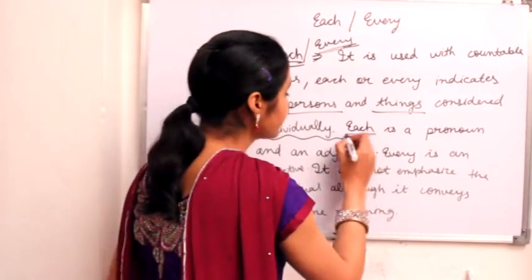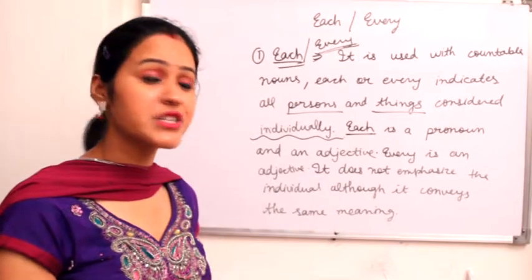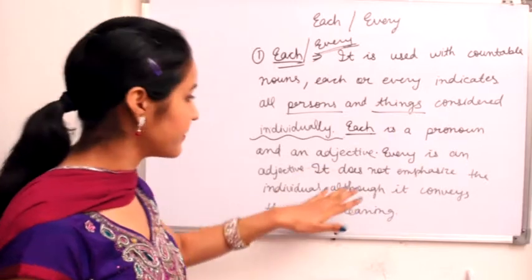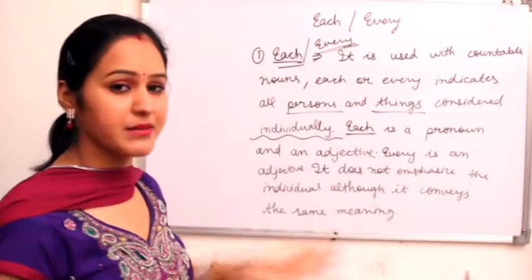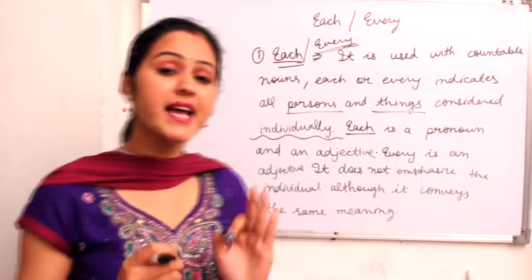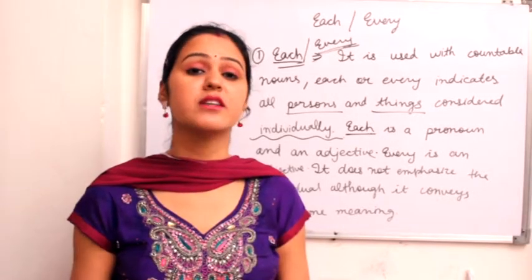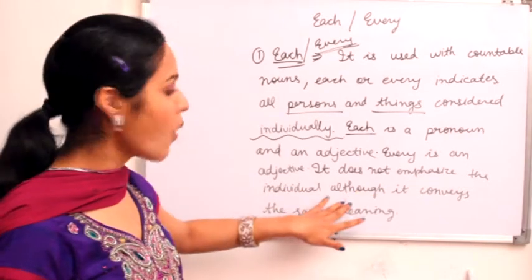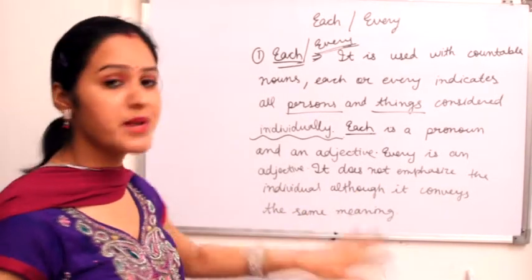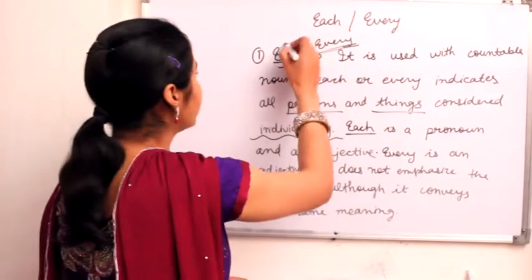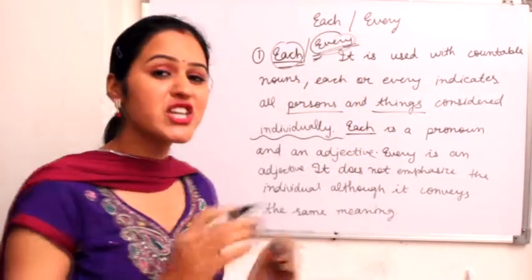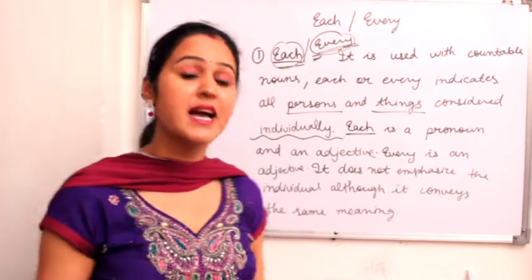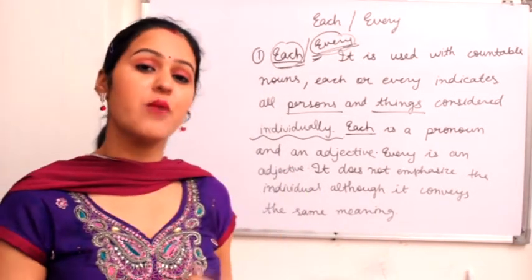So if we utilize each, it may be in the form of a pronoun or an adjective. Every is only an adjective. It is not a pronoun, and it does not emphasize the individual, although it conveys the same meaning. The meaning of each and every is the same or similar, but they are very different from each other.